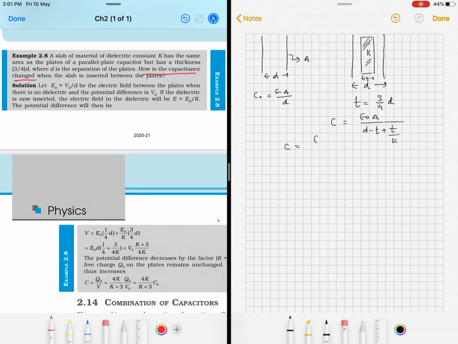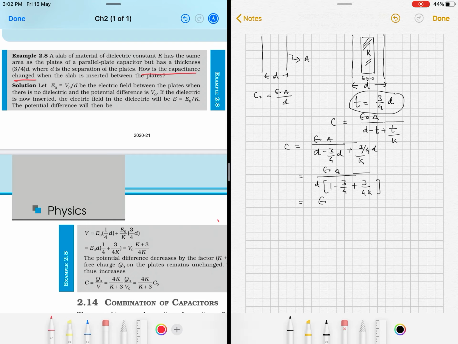So C is equal to epsilon naught A upon D minus t plus t upon K, where t is 3 by 4 D. Putting this in and taking D common, we have 1 minus 3 upon 4, plus 3 upon 4K.